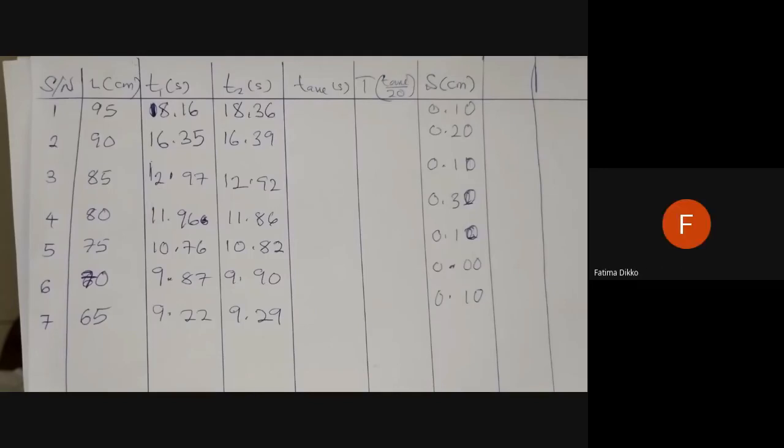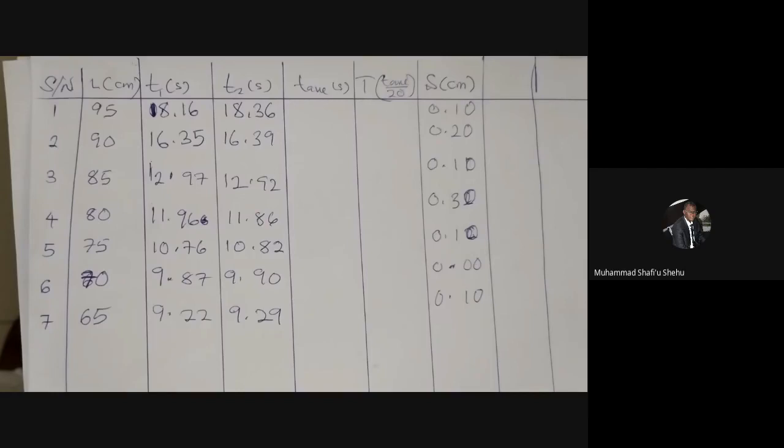Sir, please, how did you get the S in the table? The S? Okay, it was from our experiment. Remember, do you know how we carry out the experiment for serial number 1, which is 95 centimeters?